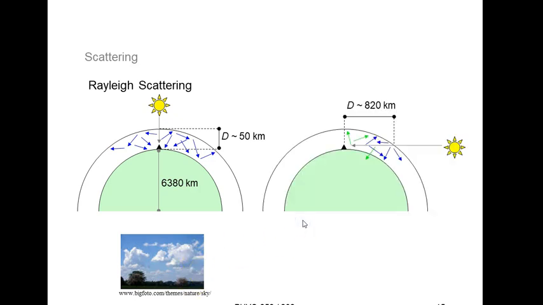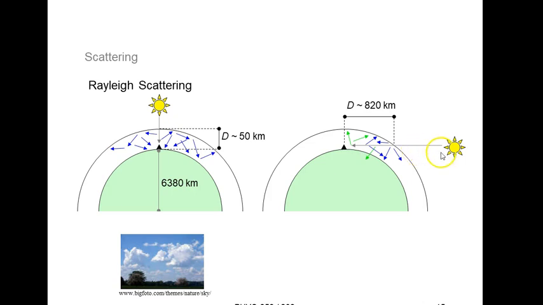Now let's contrast this to, let's say, sunset. So now this is us again right here. Here's the sun. If you look at how much atmosphere the sunlight has to get through now, right before it's dipping below the horizon there, it's going to be roughly 820 kilometers if you do the math.